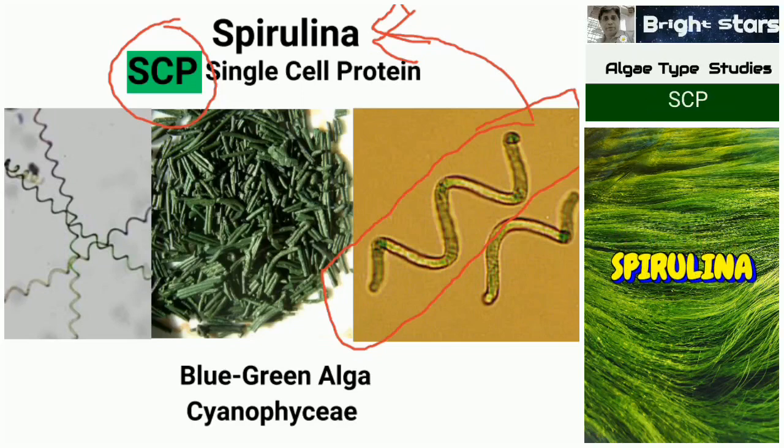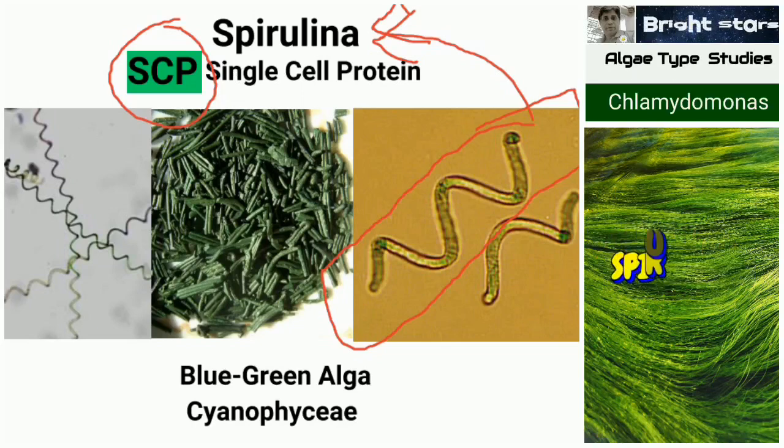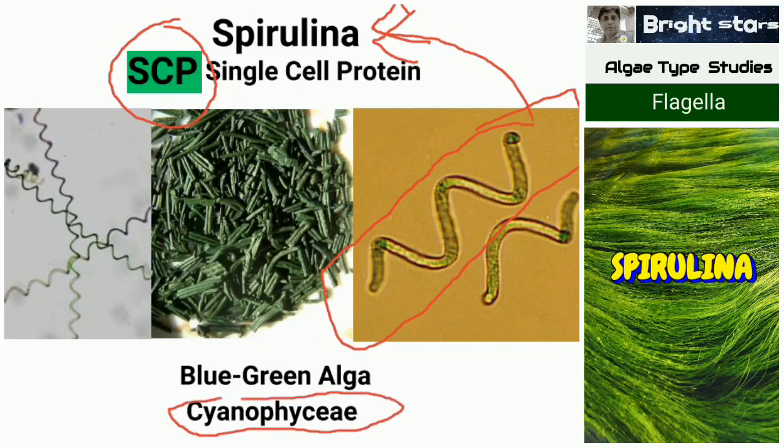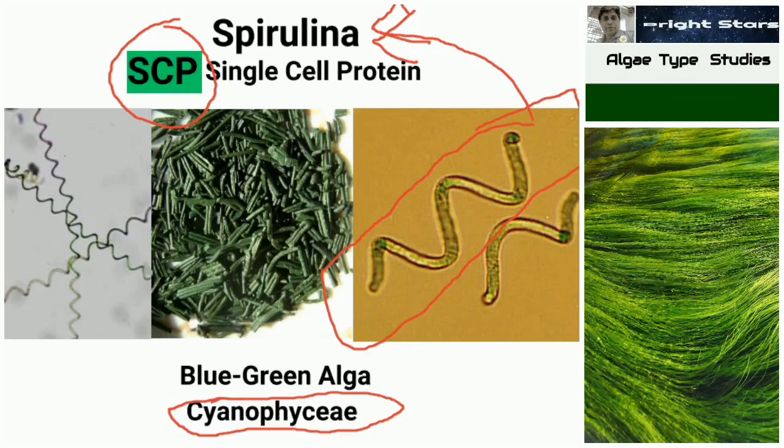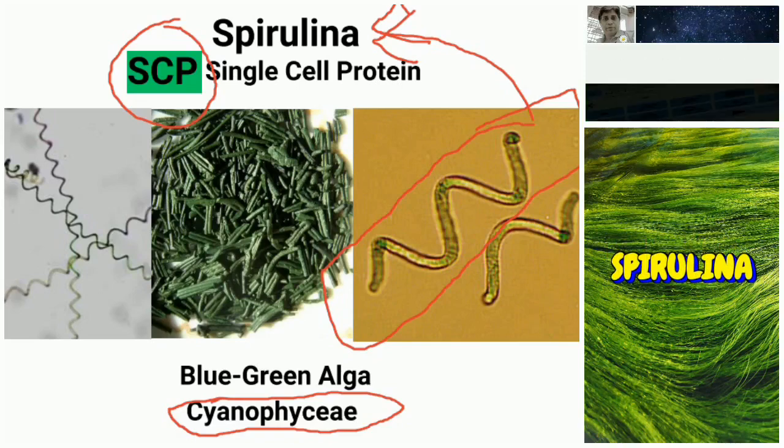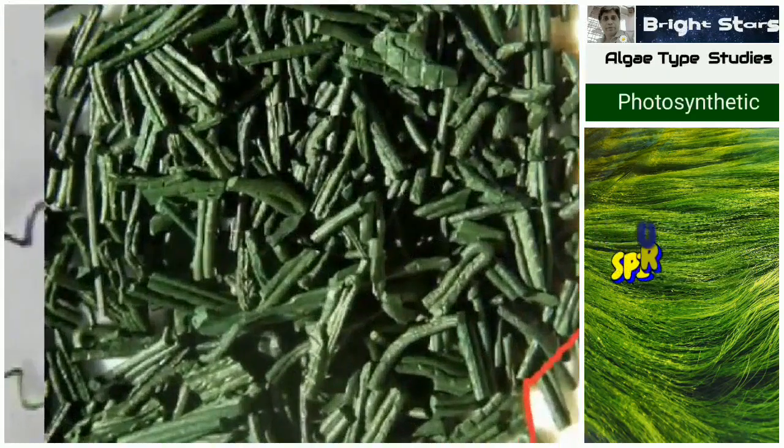So this is also a blue-green alga belonging to Cyanophyceae. Cyanos means cyanin, a blue plus green combination. From that, Cyanophyceae; Phyceae means alga.